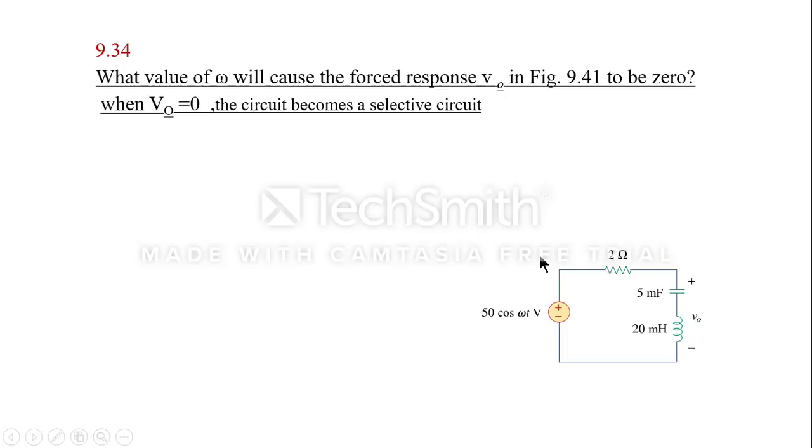Now in this sum, we are given a simple RLC circuit. They have given us that V0 is equal to 0. Now if V0 is equal to 0, this whole circuit becomes a resonant circuit. Resonance means XC is equal to XL. That is, j omega L is equal to 1 by j omega C. From this, we can write that omega L is equal to 1 by omega C, so omega square is equal to 1 by LC.